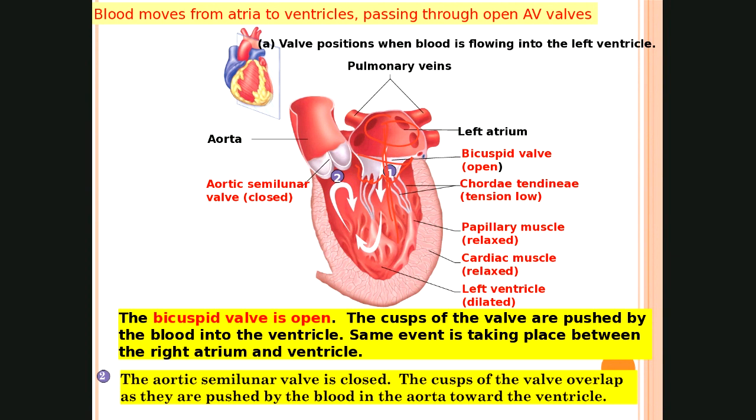On the other hand, the semilunar valves are going to be closed. There will be no blood being pumped out of the ventricles when the ventricles are being filled with blood. So the semilunar valves are closed. The atrioventricular valves are open when blood is traveling from atria to ventricles.